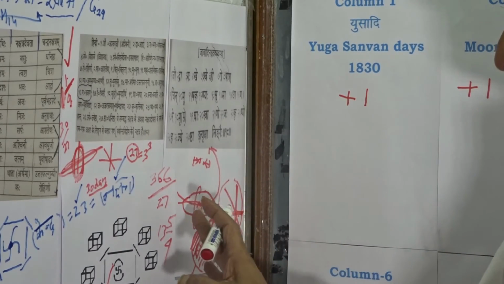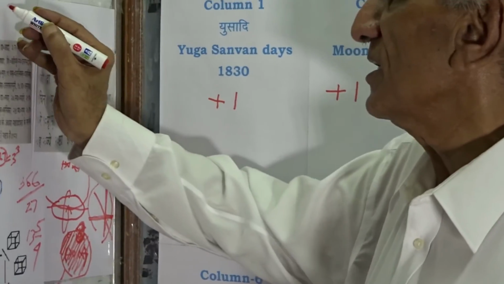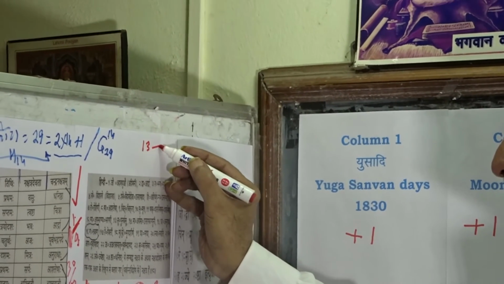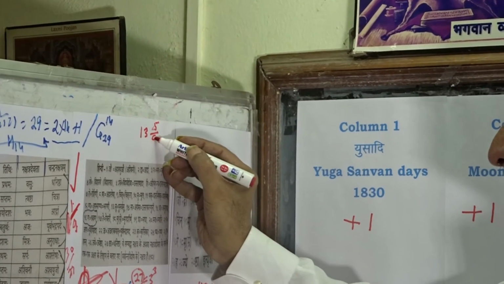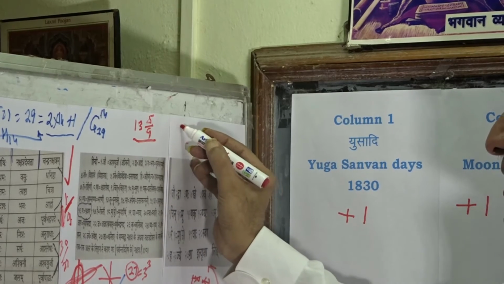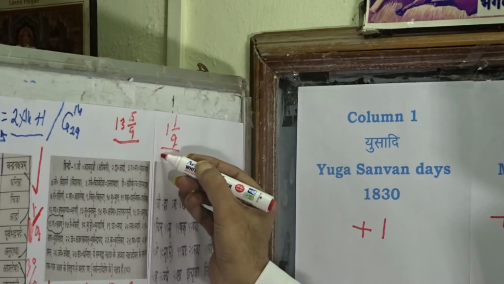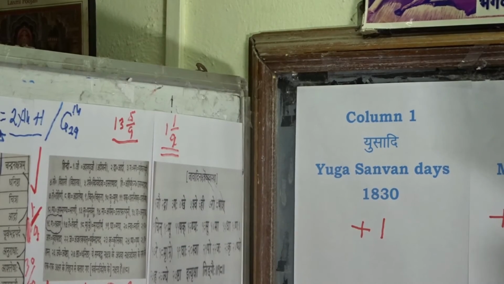The swapping by the one Surya nakshatra is of 13 days plus 5 over 9 days. This is a single Surya nakshatra swapping, and 1 plus 1 over 9 is the swapping of the Chandra nakshatra.